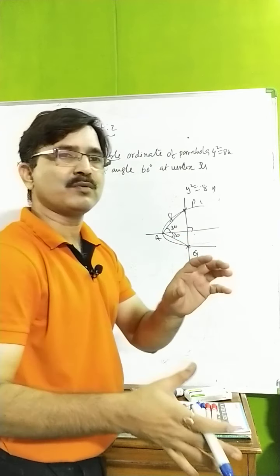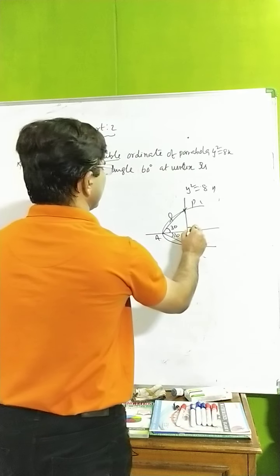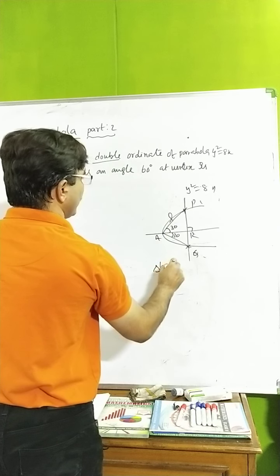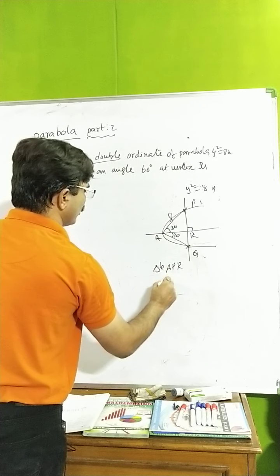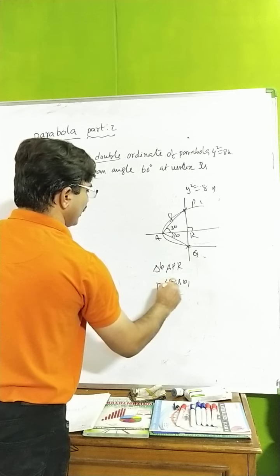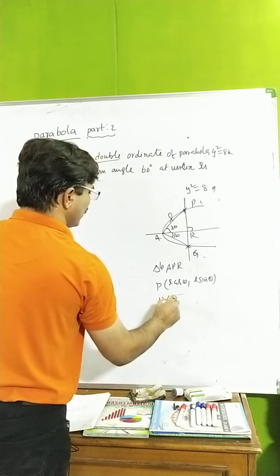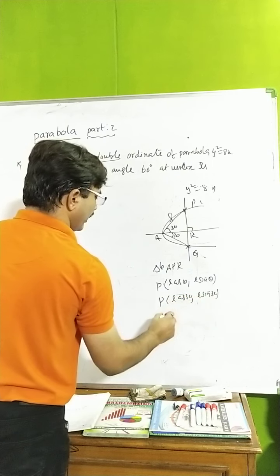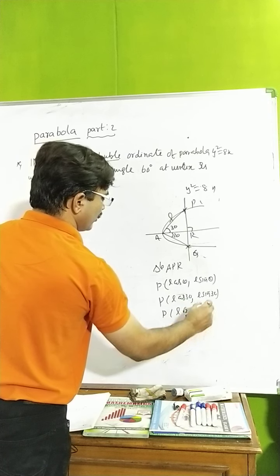One of the double ordinates is the latus rectum, but it is not always so. Let us call this point R. In triangle APR, I can say P is L cos theta, L sin theta. What is theta? Cos 30, L sin 30. So P is L root 3 by 2, L by 2.